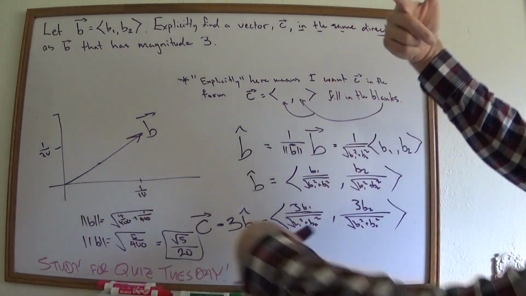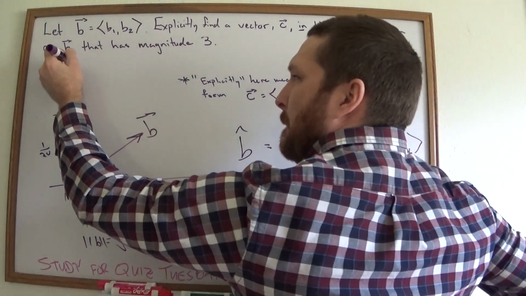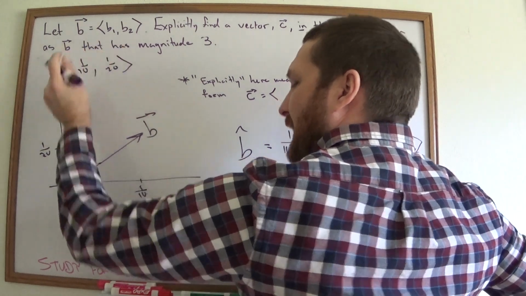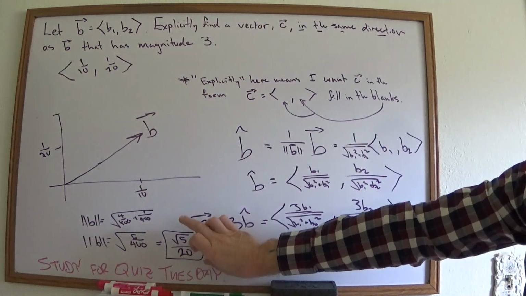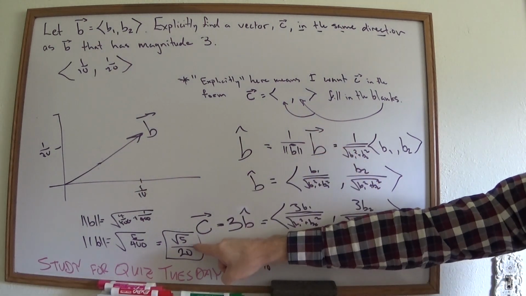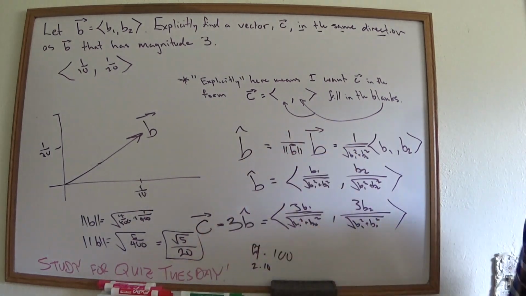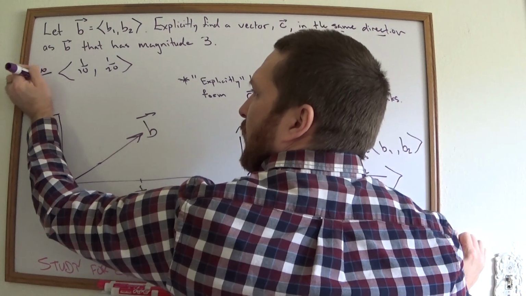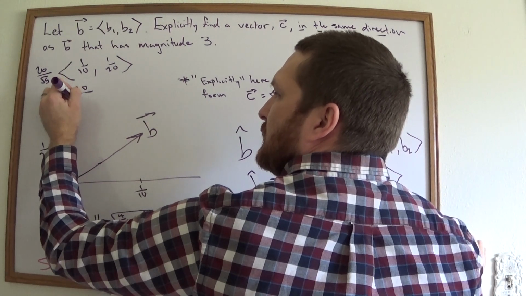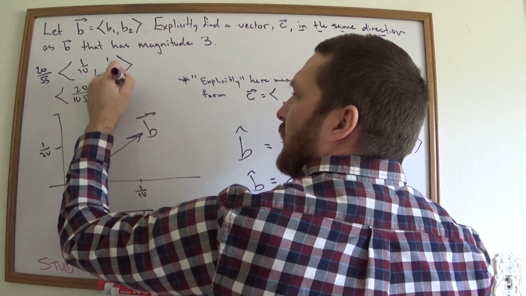But then when I divide by that magnitude, I would take my original b, which is 1/10 over 1/20, and I divide by that. 1 divided by that number is the same thing as multiplying by the reciprocal, so that would be 20 over root 5, and so now we have 20, 10 root 5, 20, 20 root 5.